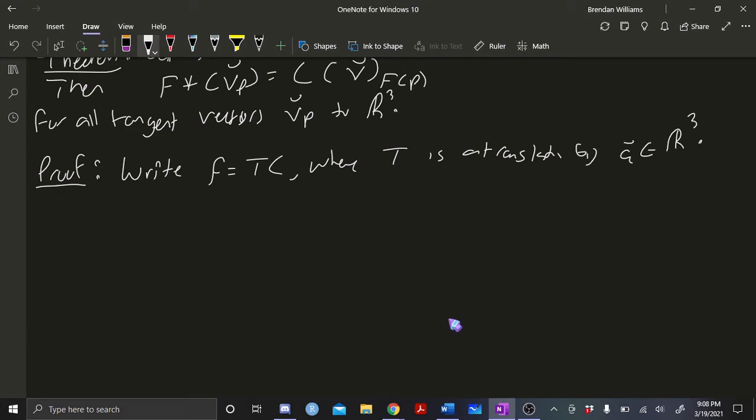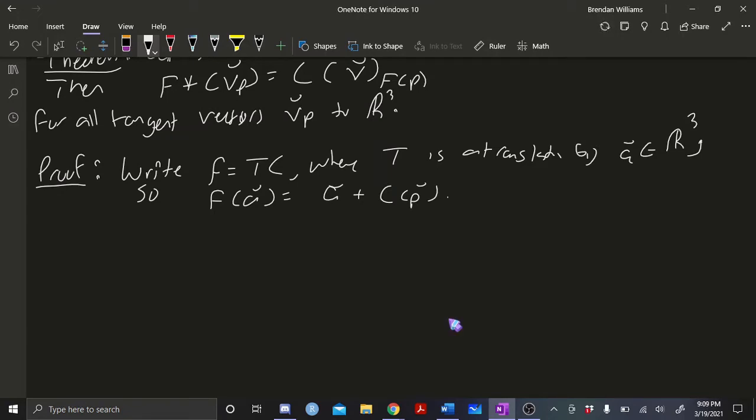Or in other words, f of P is equal to A plus C of P.